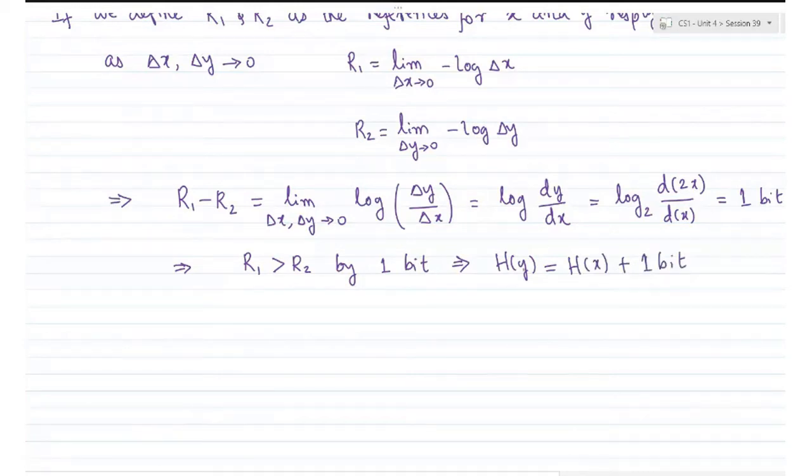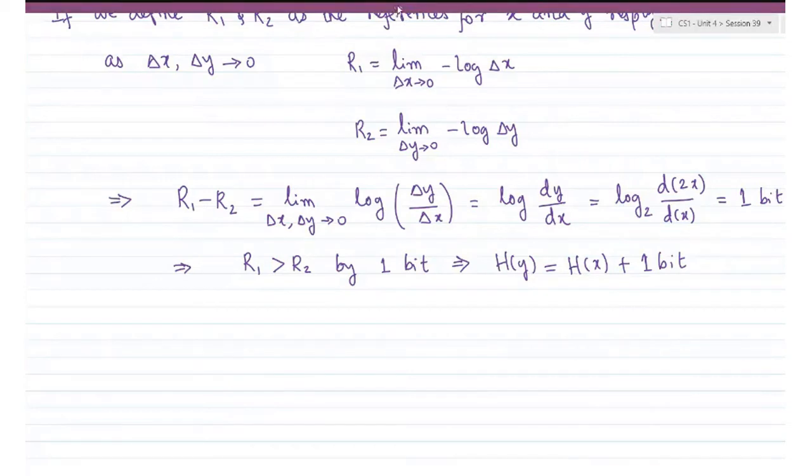Otherwise both these entropies are the same, the same amount of information that we have at the source as well as at the output of the amplifier. So this means that the entropies that we define for continuous random variables are not the absolute entropies. That should be kept in mind.